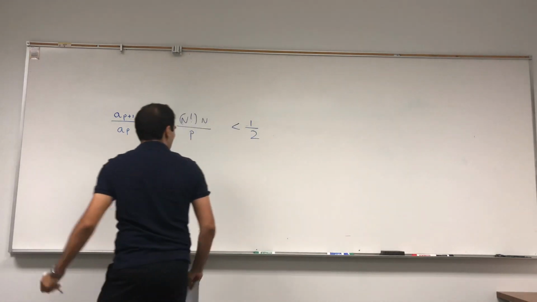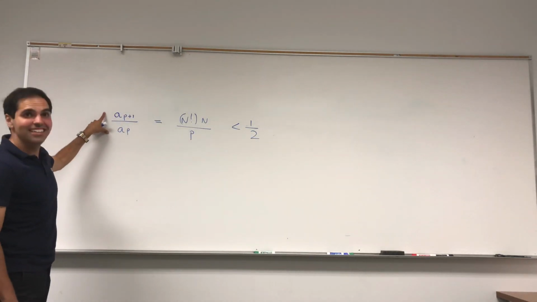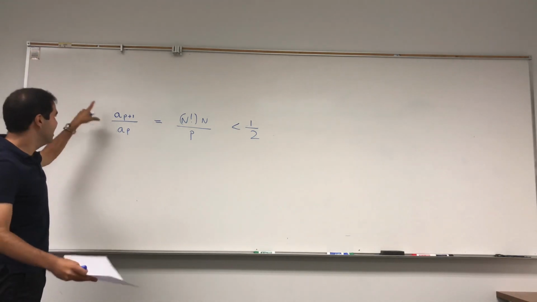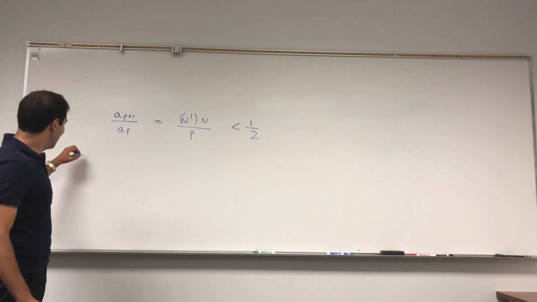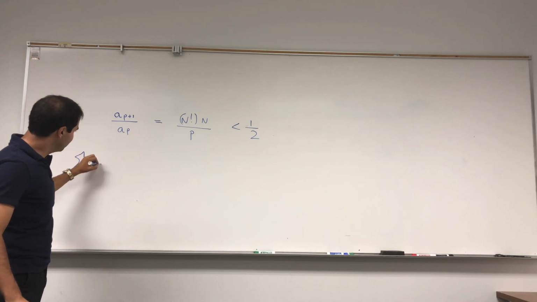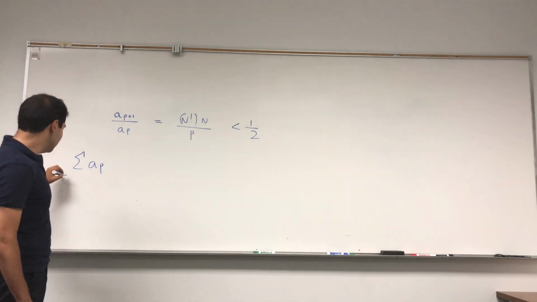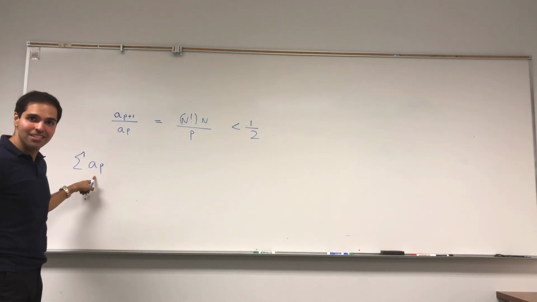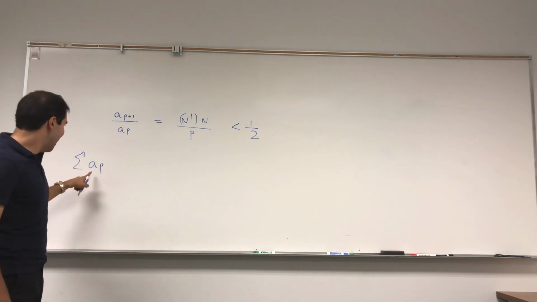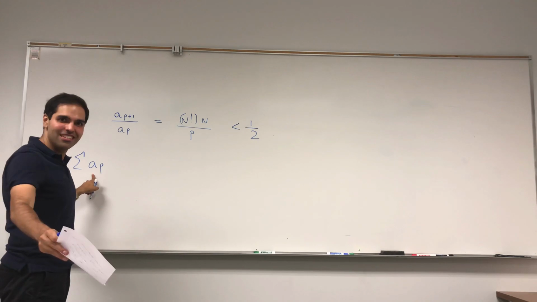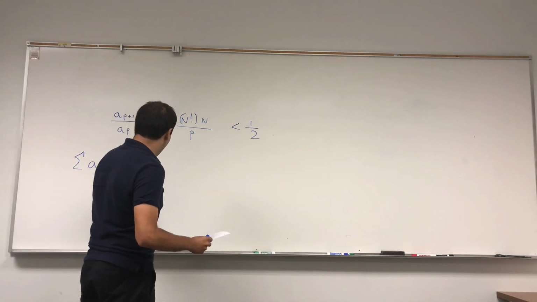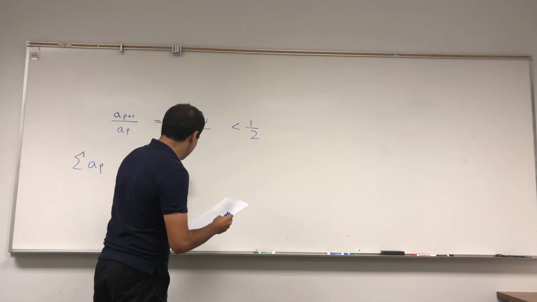And why is that cool? Because if you now use the ratio test from calculus, the series of APs converges. So in particular, by the divergence test, you have to have that AP goes to 0 as p goes to infinity.